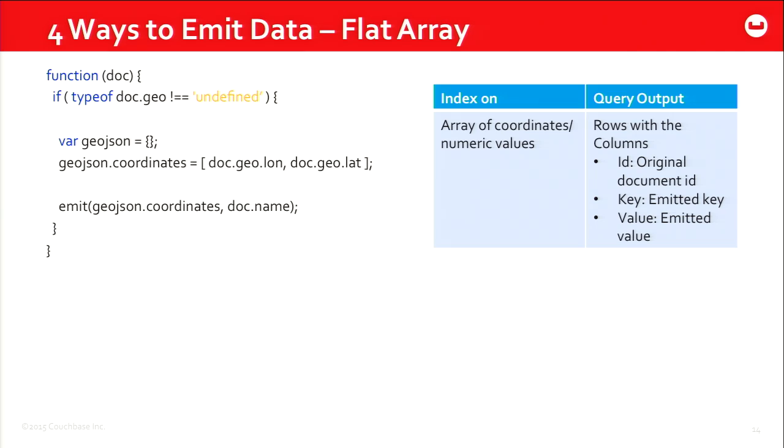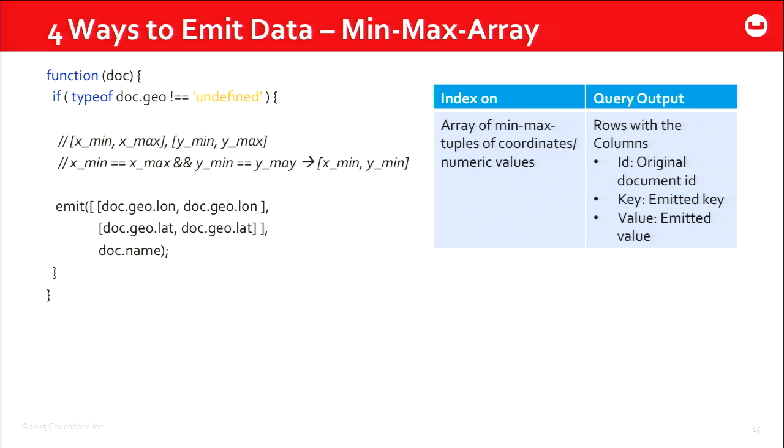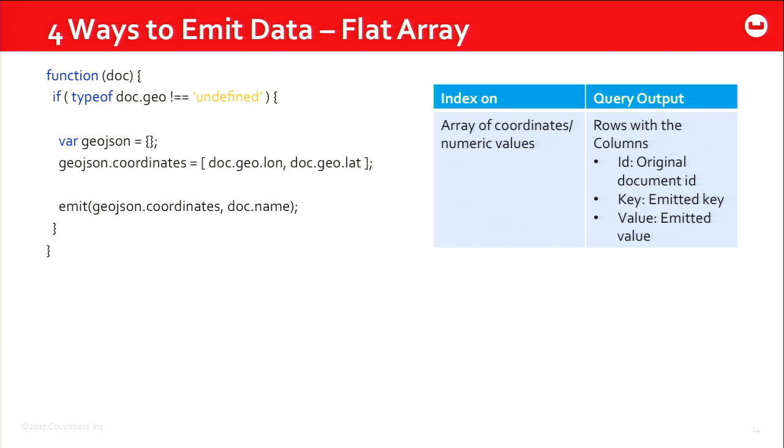Then you have a multi-dimensional use case, as described before. The next way is to use it as a min-max array. In case of a min-max array, what is important is that if you query it, you don't get the information about the original structure, so you don't know if it was a point, a polygon, or something like that.